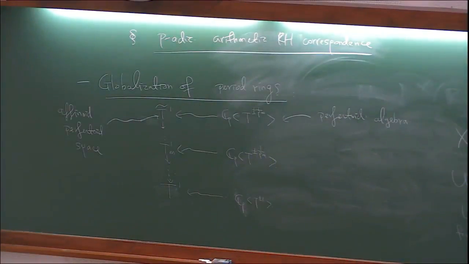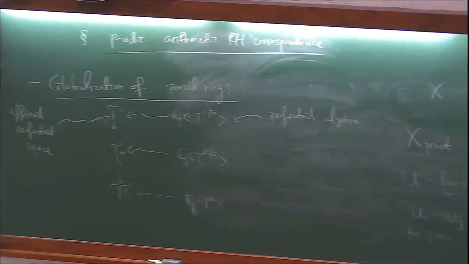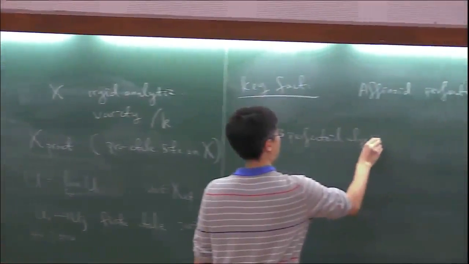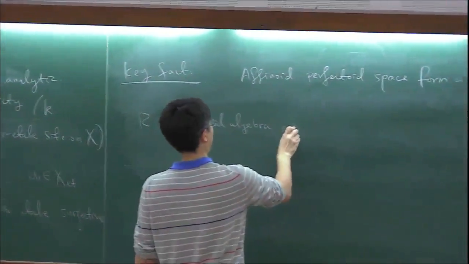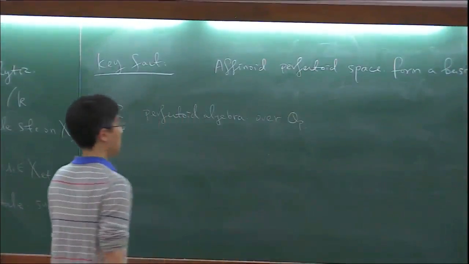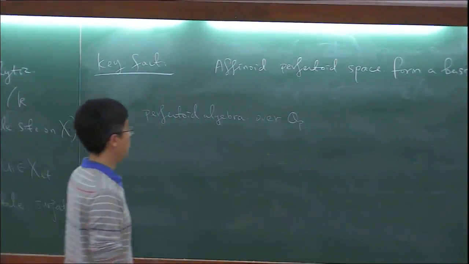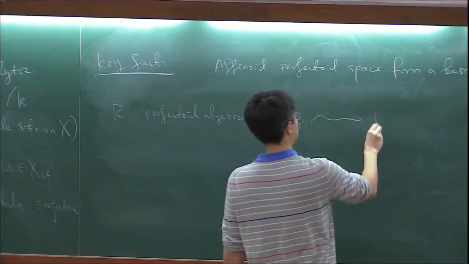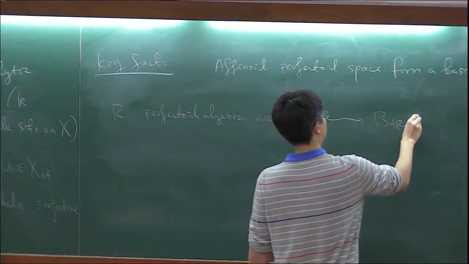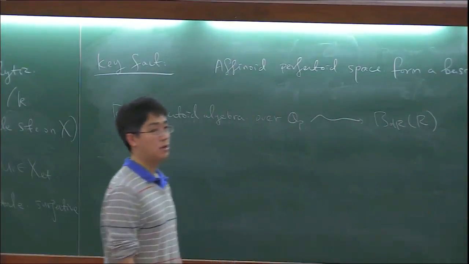For example, if R is a perfectoid algebra over Qp, then you can mimic Fontaine's way to construct this BdR associated to this perfectoid algebra.